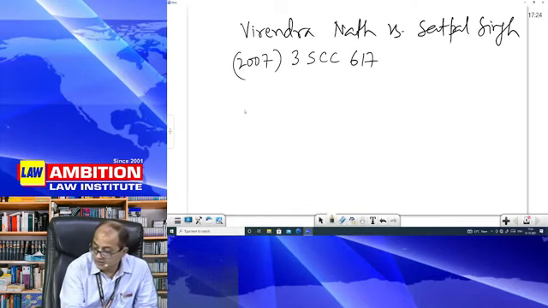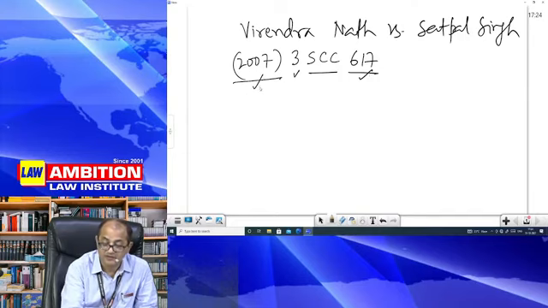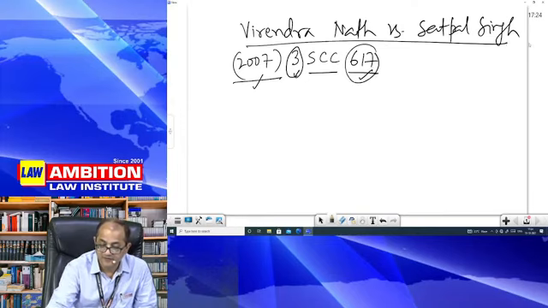I hope that you know this. This is year 2007. This is third volume of Supreme Court Cases, and this is page number 617. So if you go to 2007 SCC cases, look into the third volume, and then see this page, you will find it there. Is this clear? This is how a citation is written.